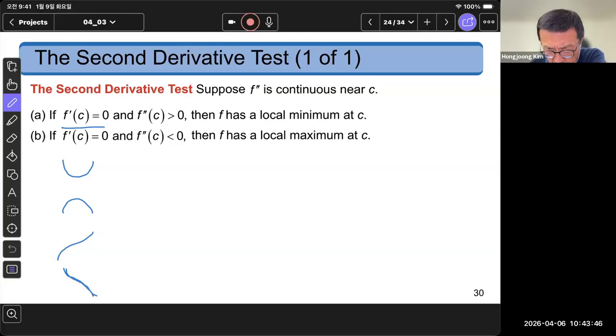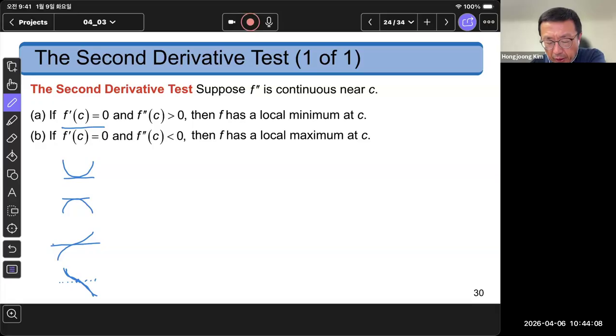But it has a slope, the horizontal tangents. So if f prime of C is 0, then you have one of these four situations.